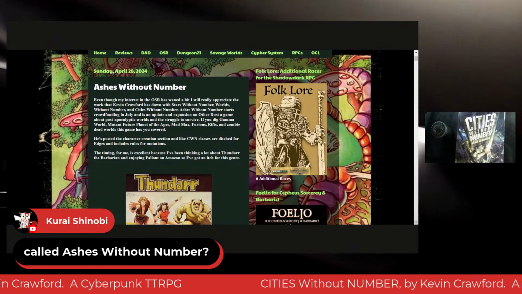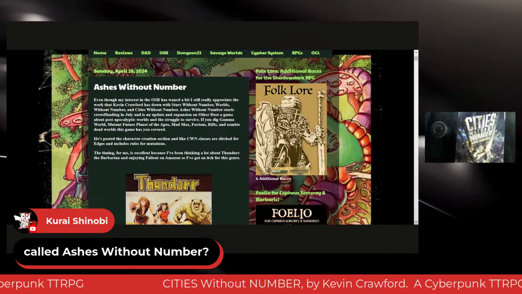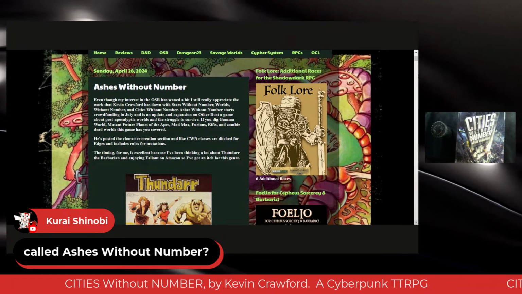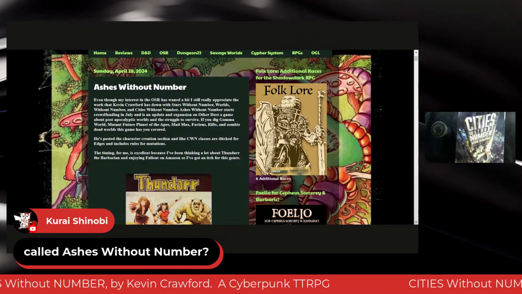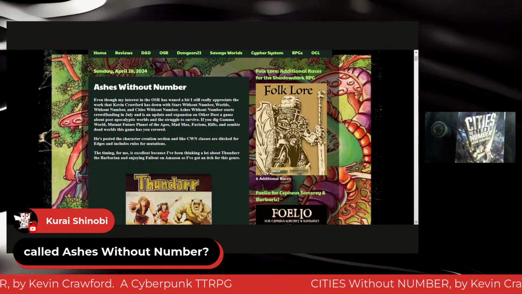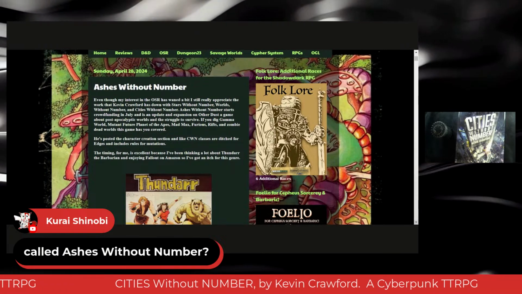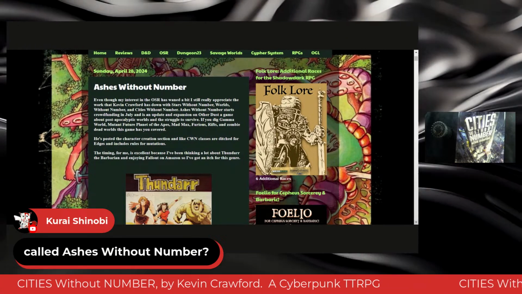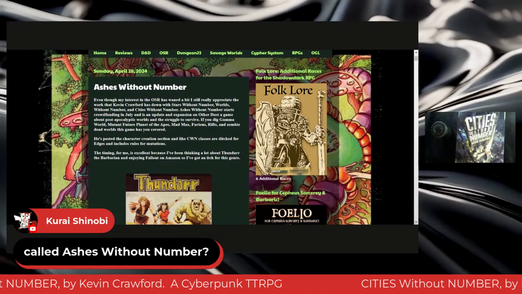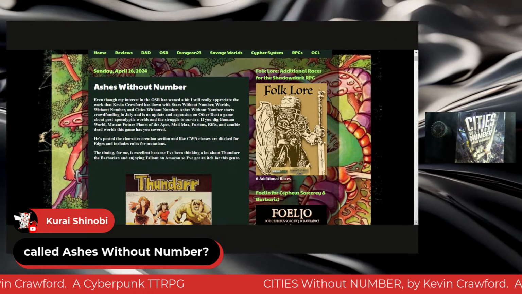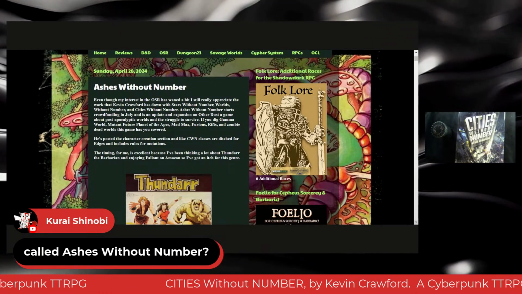If you dig Gamma World, Mutant Future, Planet of the Apes, Mad Max: Fury Road, Rifts, and Zombie Dead Worlds, this game has you covered. He's posted a character creation section, and like CWN, classes are ditched for edges, and it includes rules for mutations.